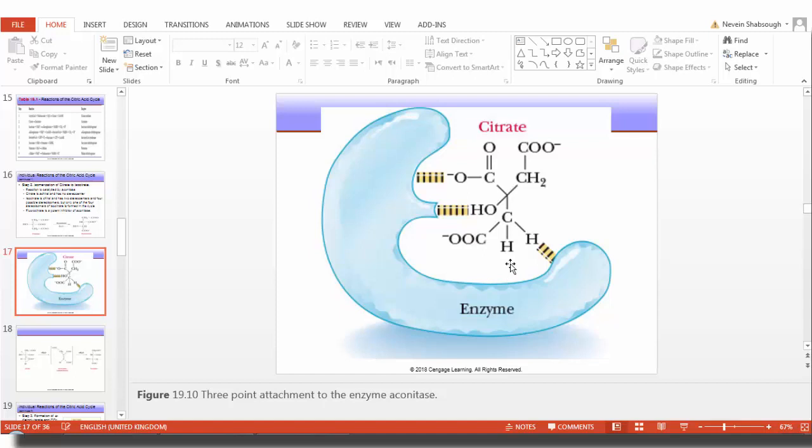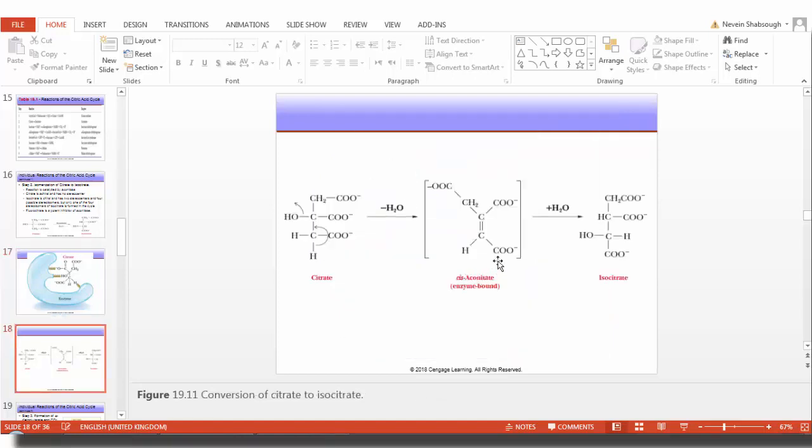Now, the reaction proceeds by removal of a water molecule from the citrate to produce cis-aconitate, and then water is added back to the cis-aconitate to give isocitrate. Now this intermediate remains bound to the enzyme during the course of the reaction, and there is some evidence that citrate is complexed to the iron 2+ in the active site of the enzyme in a circular conformation.